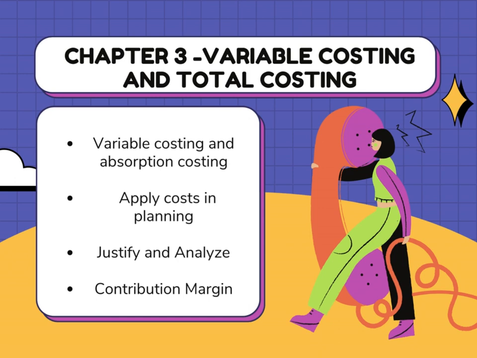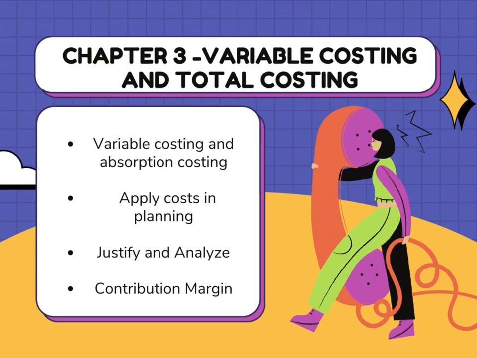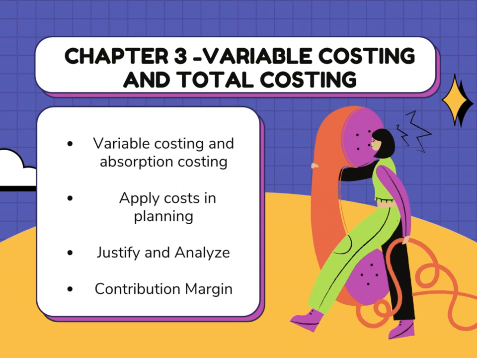The key difference between variable costing and absorption costing is the treatment of fixed manufacturing overhead costs. Variable costing expenses fixed manufacturing overhead as incurred, which can lead to fluctuating net income. Absorption costing, on the other hand, treats fixed manufacturing overhead as a cost of production and matches manufacturing cost to revenue, resulting in more stable net income figures.